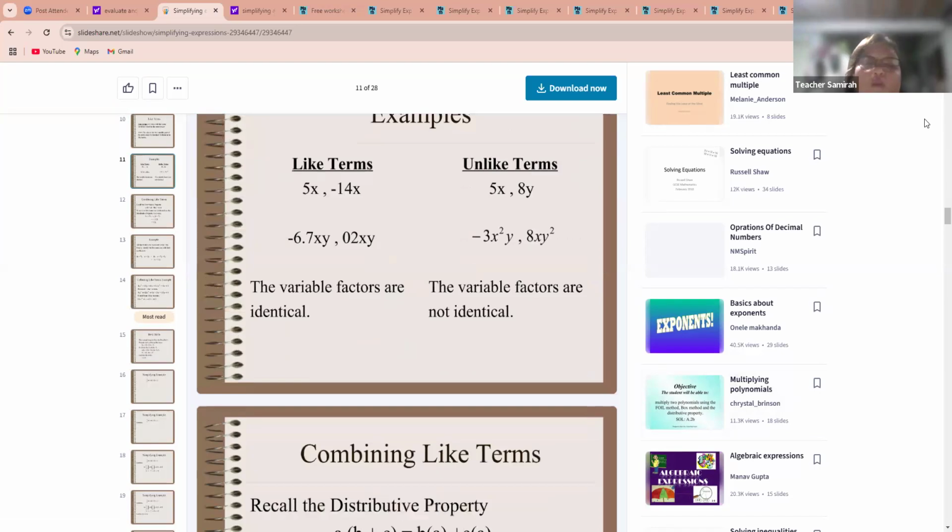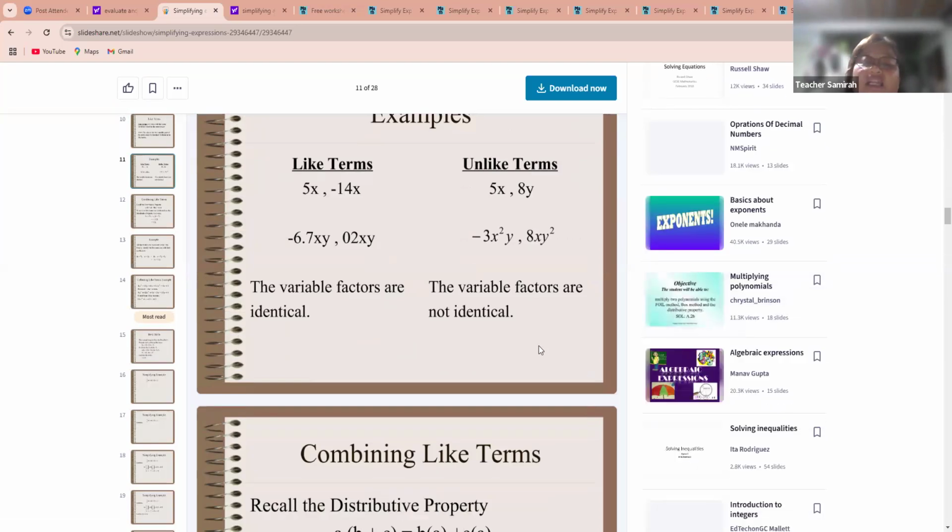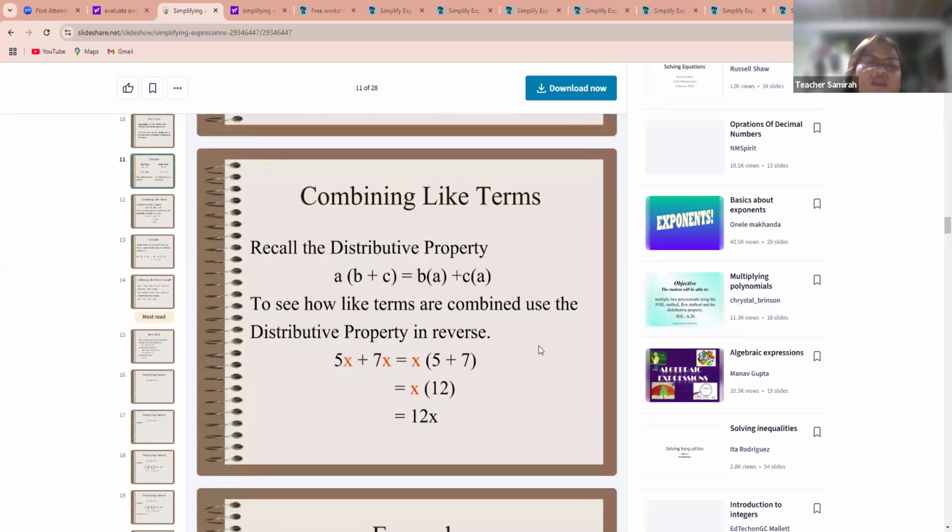Okay, how do we combine like terms? By combining like terms, we recall the distributive property. What is the distributive property again?